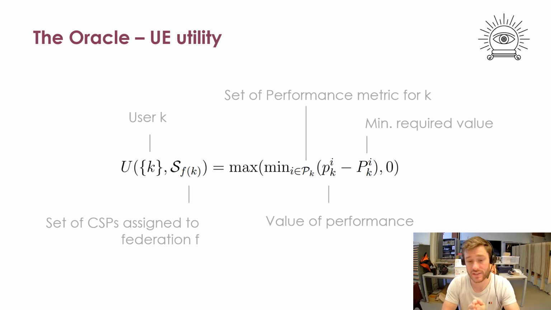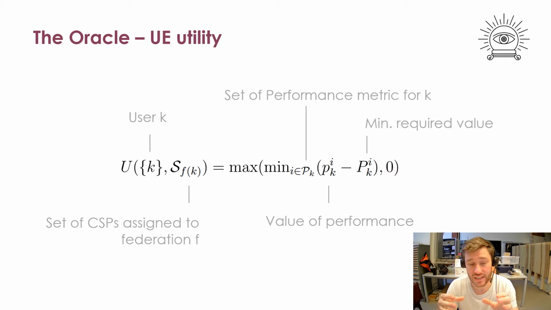And what we see here is that for a set of performance metrics, we take the difference between the value of the performance for that particular user served by that particular set of CSPs, which is subtracted by the minimum required value of that performance metric. The minimum over all these performance metrics defines the overall utility of the user equipment.